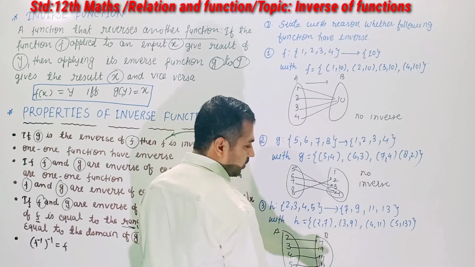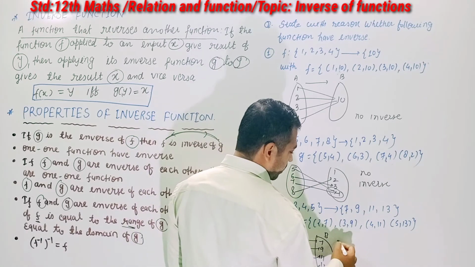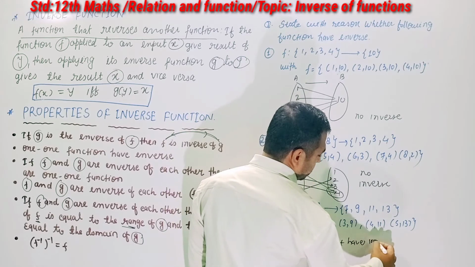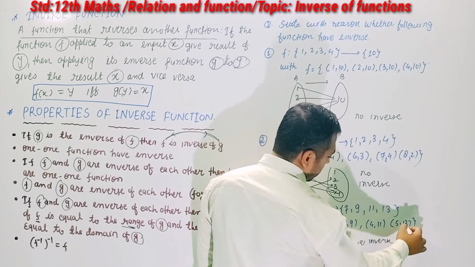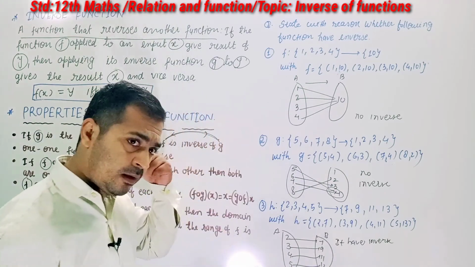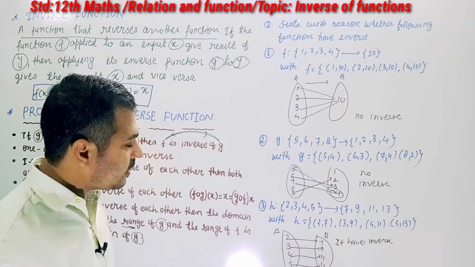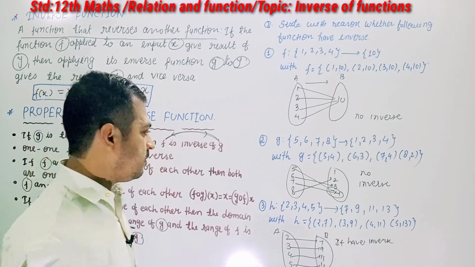So this is a one-one function, so it has an inverse, right students? It has an inverse. So how can you write the inverse of this function?